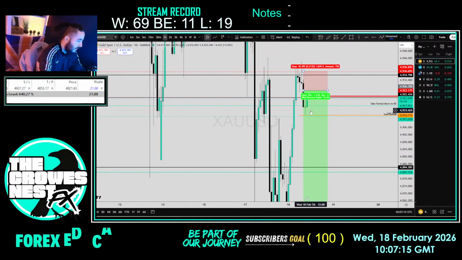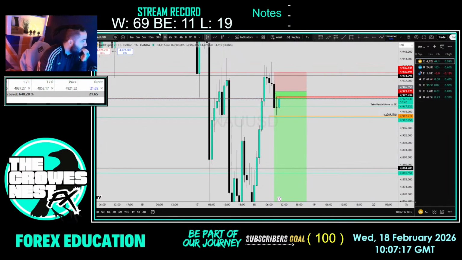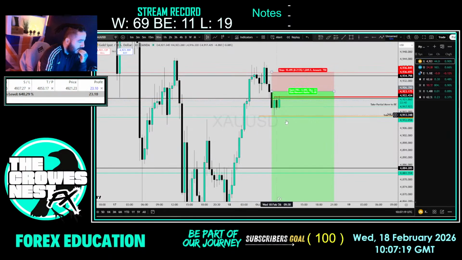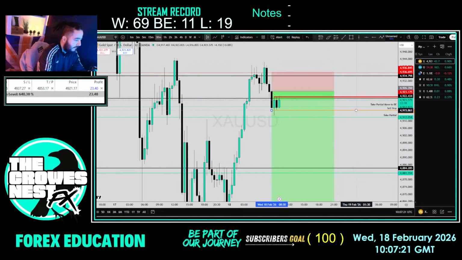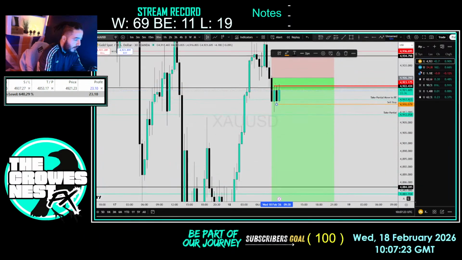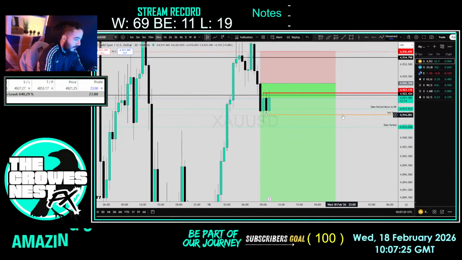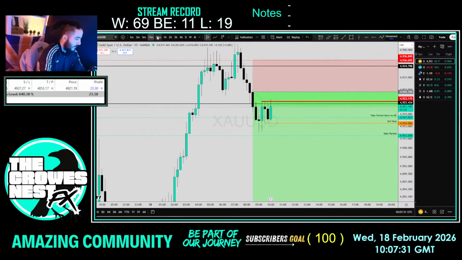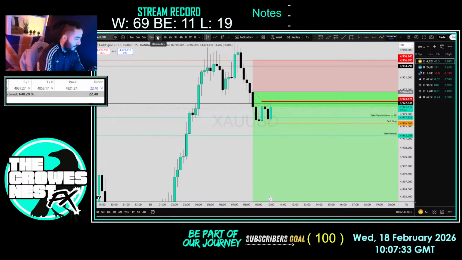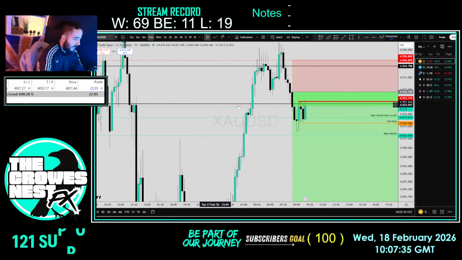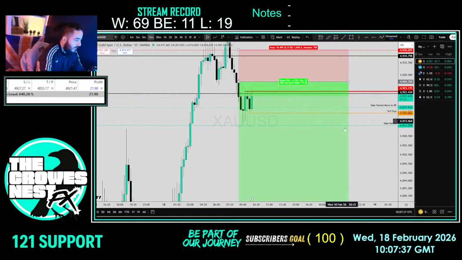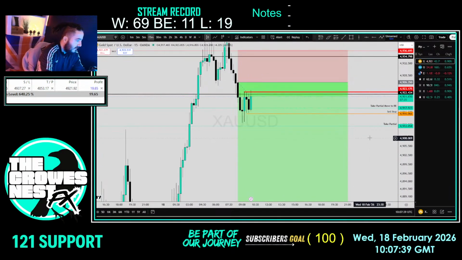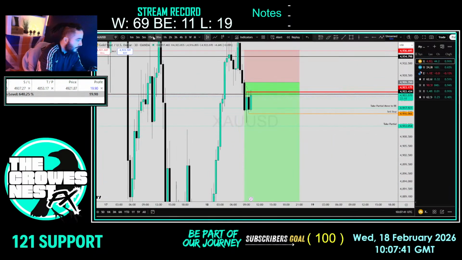Actually, no, I'm going to go underneath the previous 30 for a sell stop. Which is a 15. But the thing is, we need this 15 to flip and drive. I'm not sure.